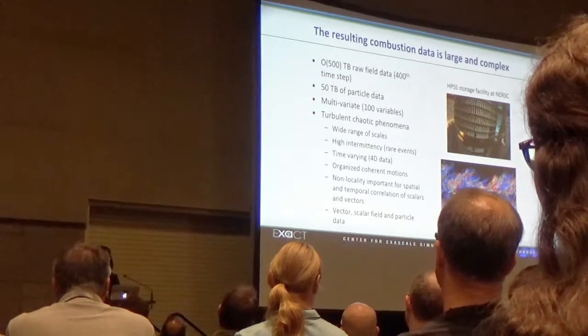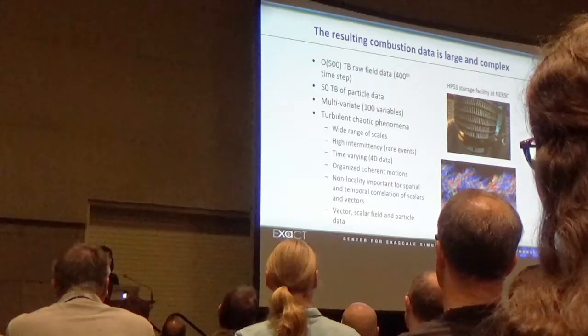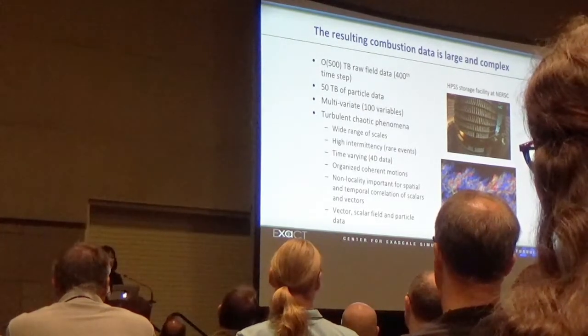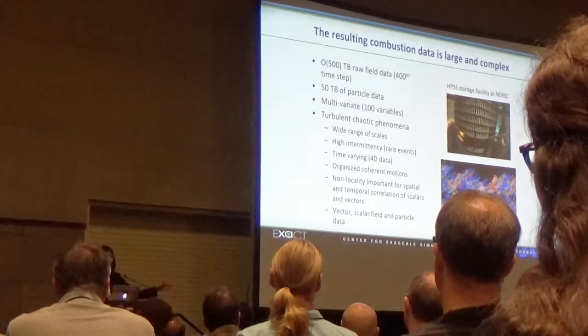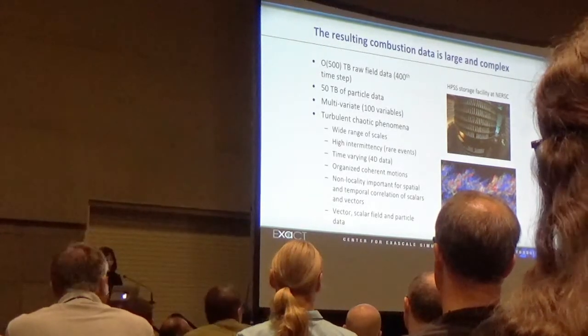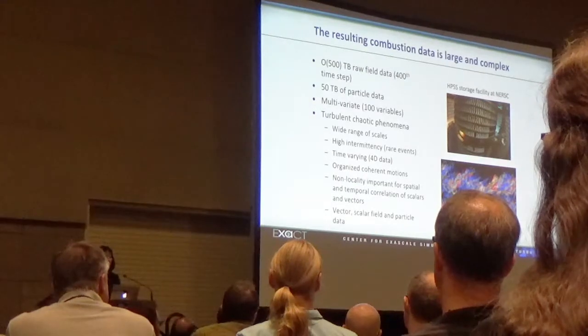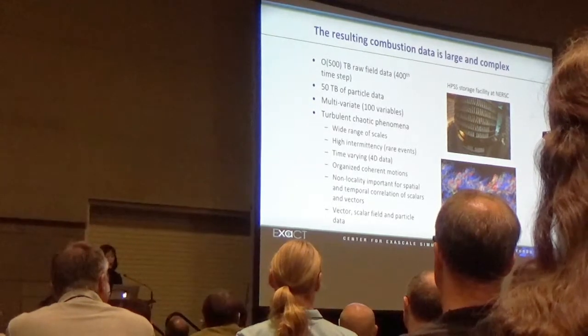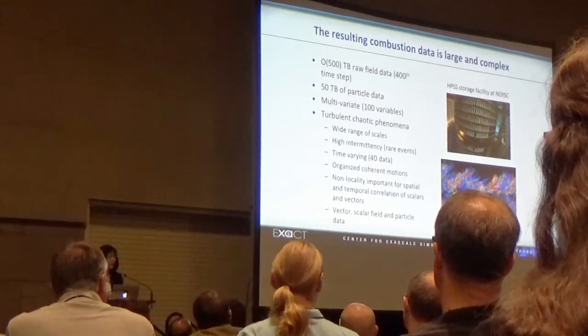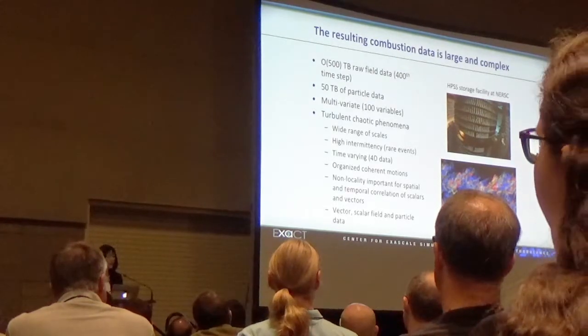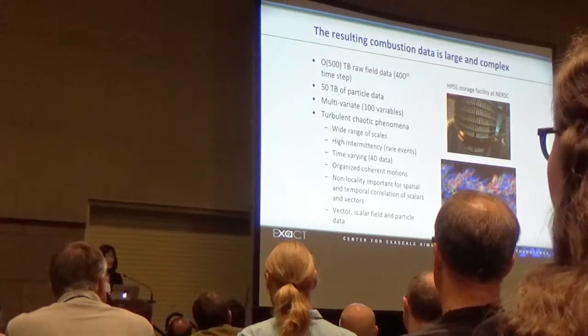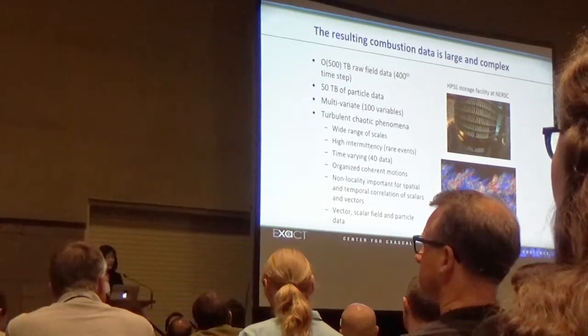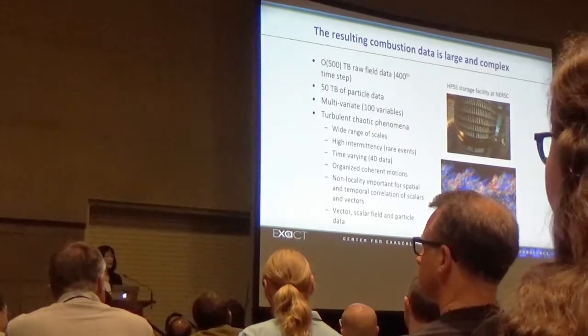The underlying turbulence where all this physics happens is chaotic. It's characterized by a wide range of scales, lots of rare events like the ones I mentioned, extinction, ignition, which you don't know when they're going to occur a priori. That's time-varying data, so it's 4D data, 3 spatial dimensions, 1 in time. And then we know that the turbulent fields that these reactions sit on are sitting in organized, coherent motions.